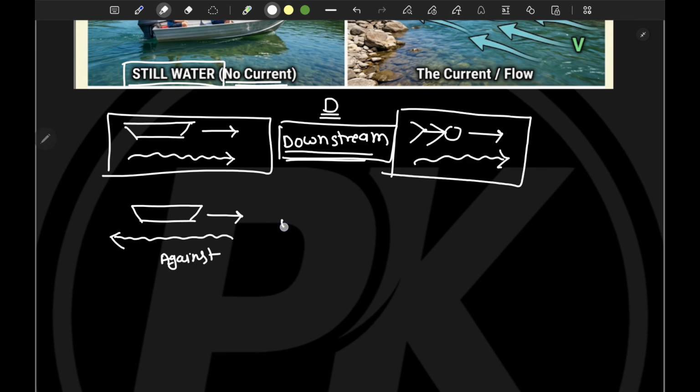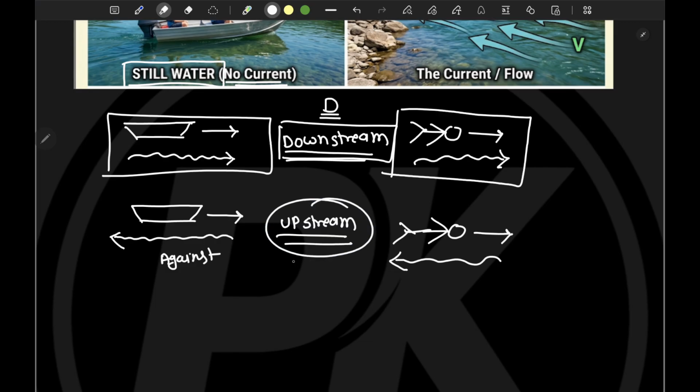So this condition we call upstream. Similarly, take an example of a man who is swimming in this direction, but the water is flowing in this direction. Such a scenario we call upstream, and for upstream we are going to use capital U.